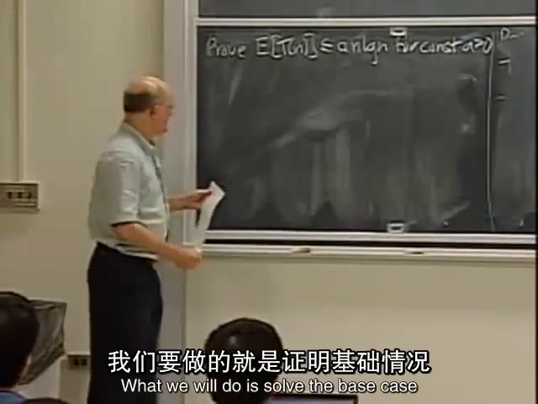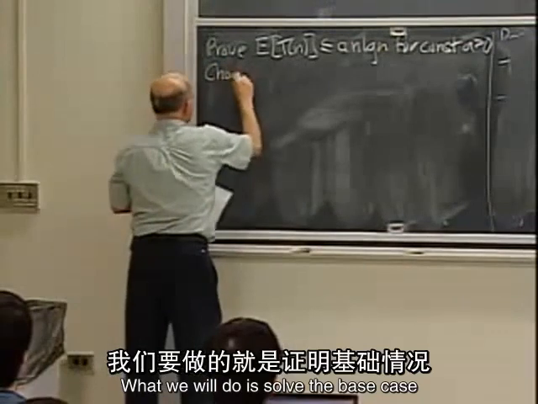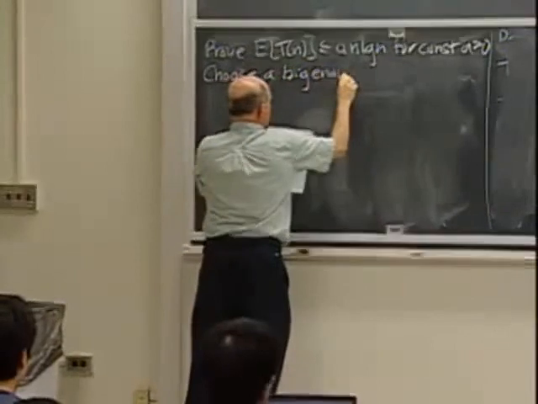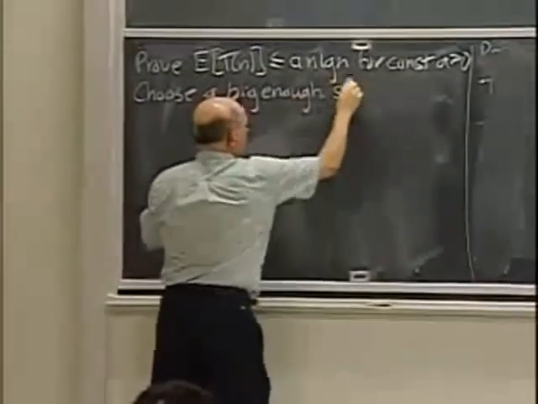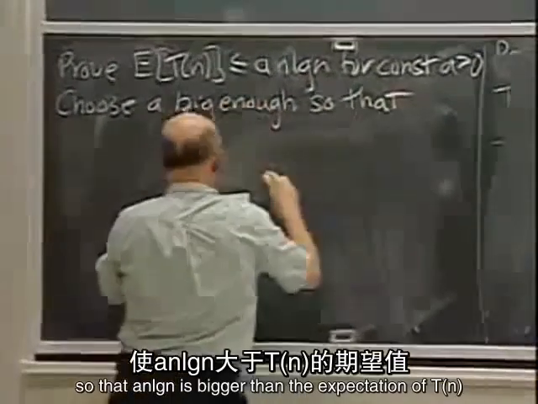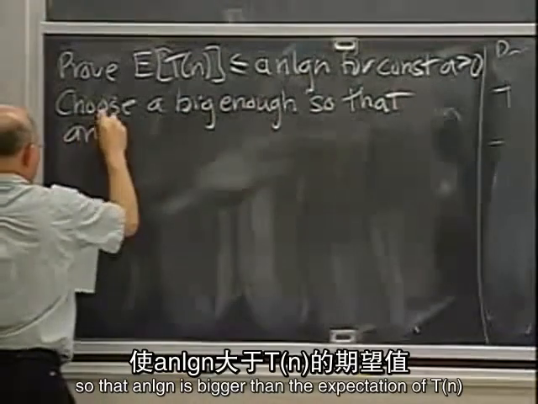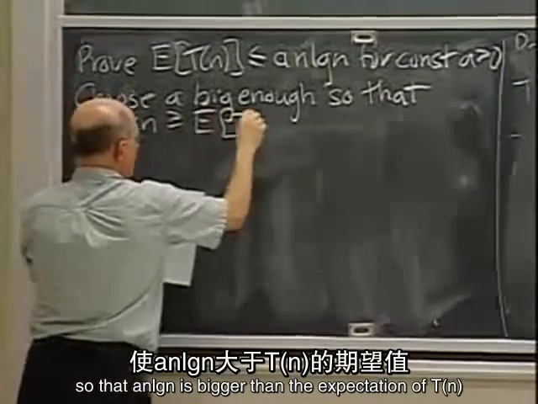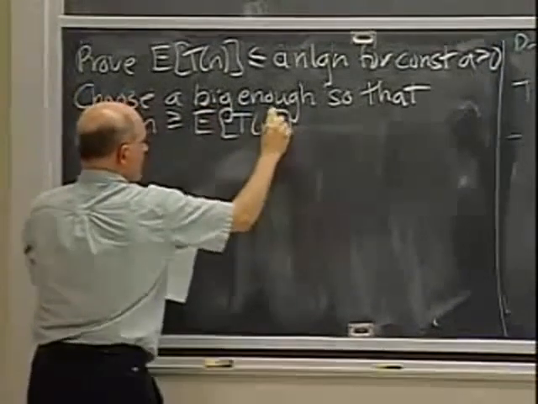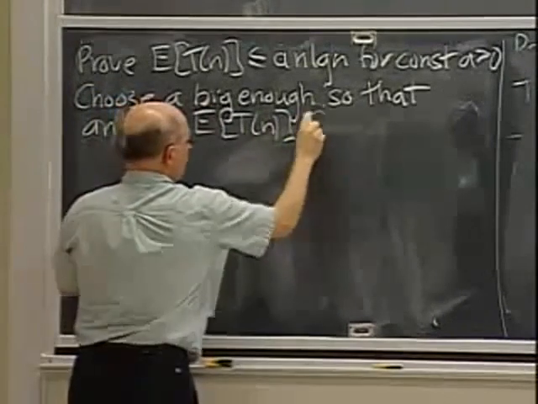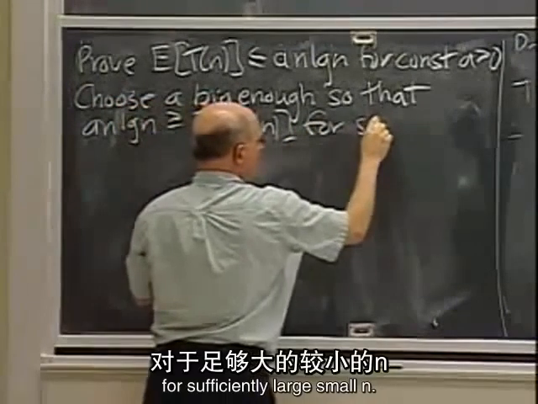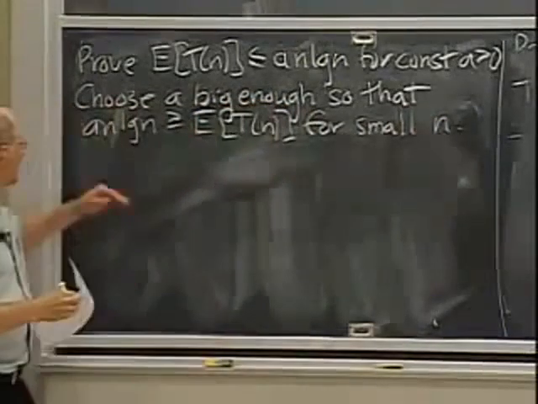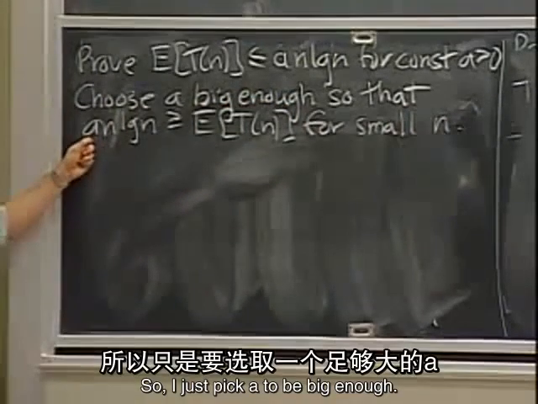Okay? So what we'll do is solve the base case by simply choosing a big enough so that a n log n is bigger than the expectation of t of n, for sufficiently small n. Okay, so I just pick a to be big enough.